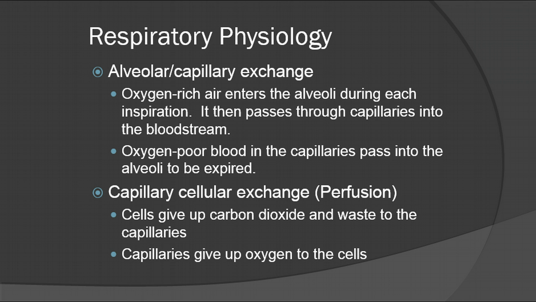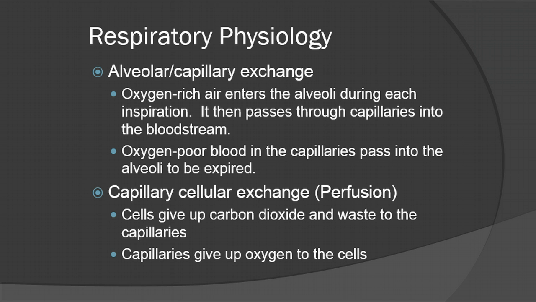So it goes back to the capillaries, then back to the alveoli, then through the bronchioles, out the bronchus, and out your lungs, and then back into the air as carbon dioxide.